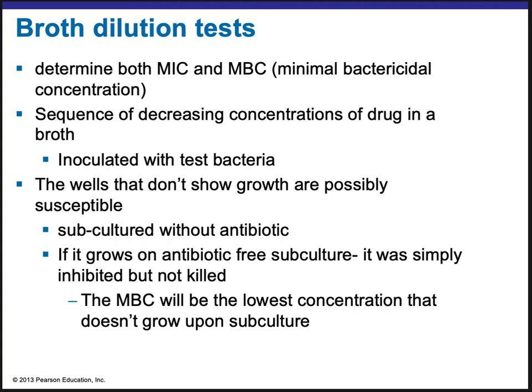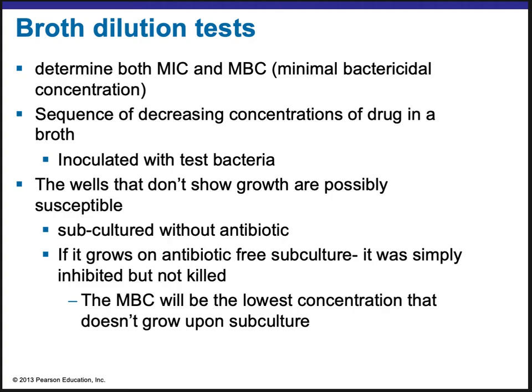So in MBC, the minimal bactericidal concentration to actually kill. You're going to have different tubes of broth with the same amount of bacteria in each tube, and you will put different concentrations of the drug.